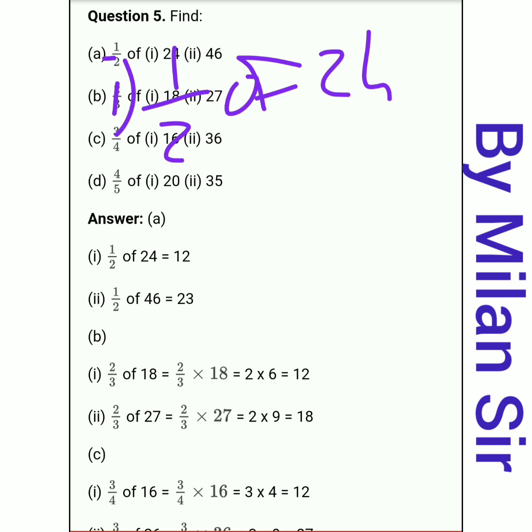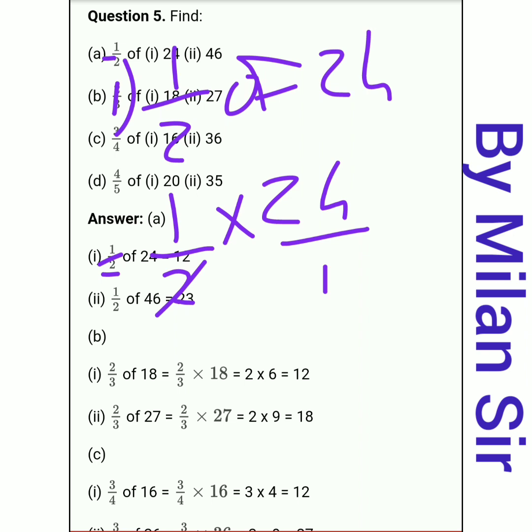That means 24 is the integer part. Out of that we need to consider half of the fraction, half of the part. So we need to multiply it. So 1 by 2 in place of "of" put multiplication sign and 24. Now nothing is present in the denominator of 24, so we can write 1.